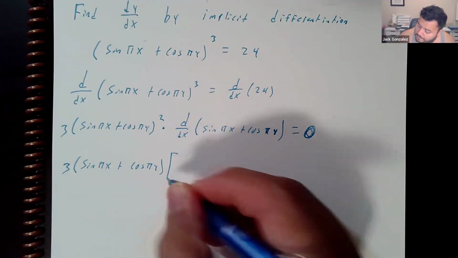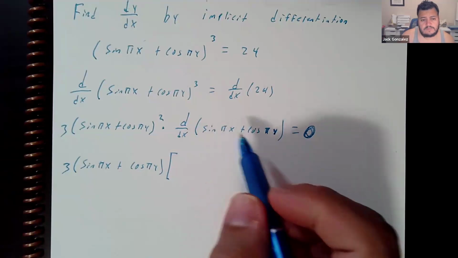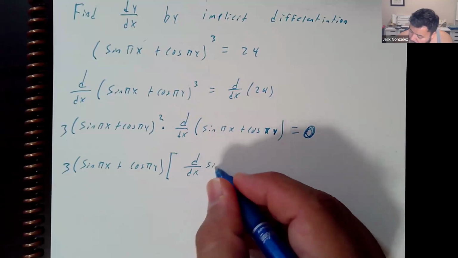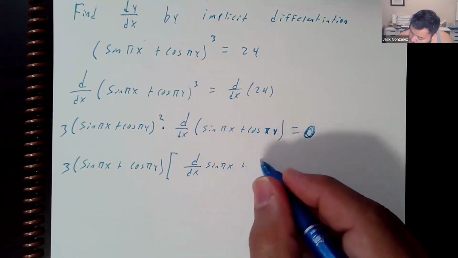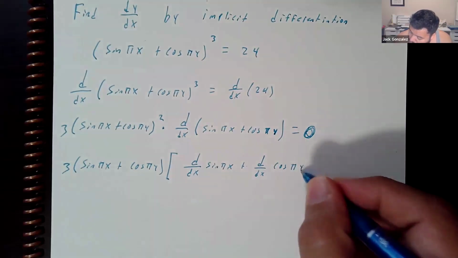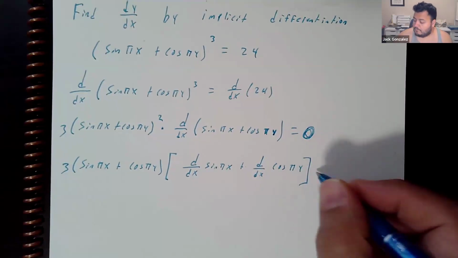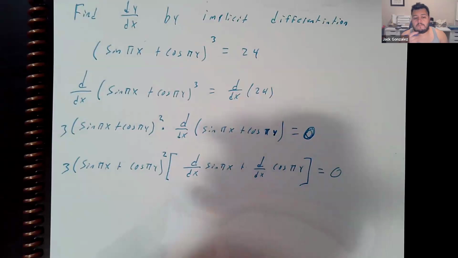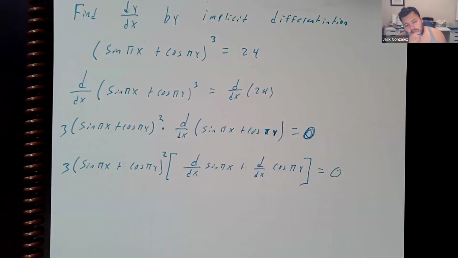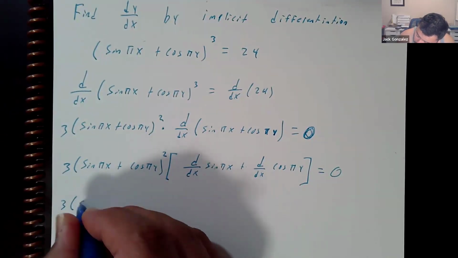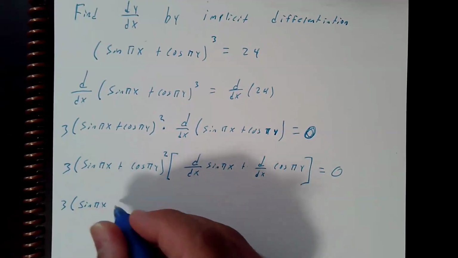Don't put brackets right here. So distribute this d/dx on every single term, just so it doesn't look too weird. What is the derivative of sine? Cosine.